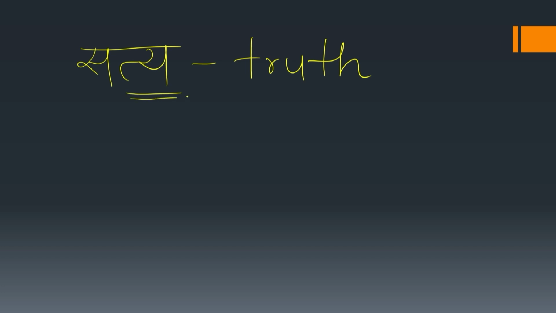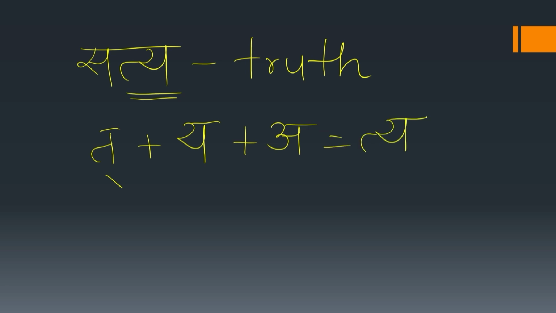Now let's take the example of satya. Satya in English would mean truth. Now this tya is a conjunct here. Half ta plus ya plus a gives us tya.